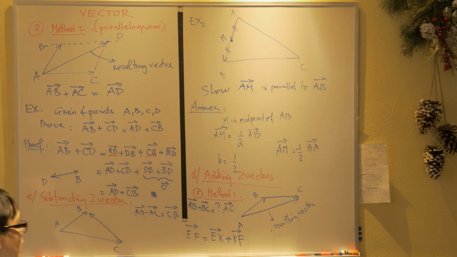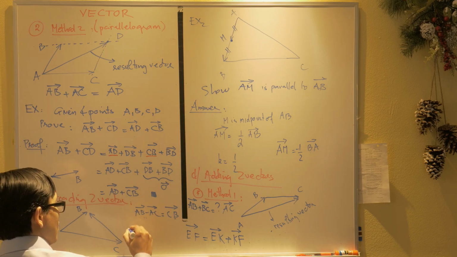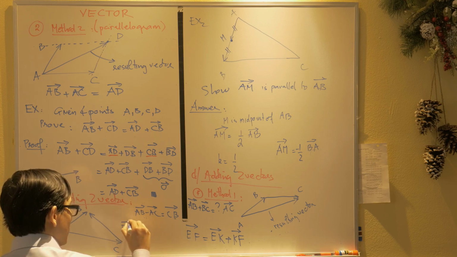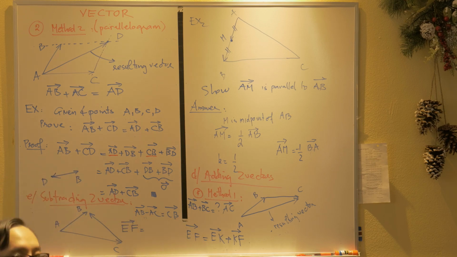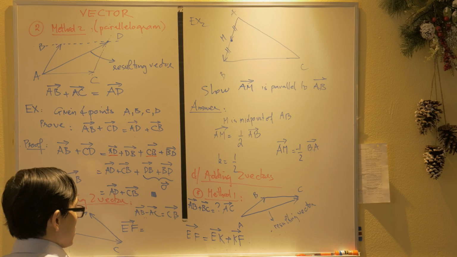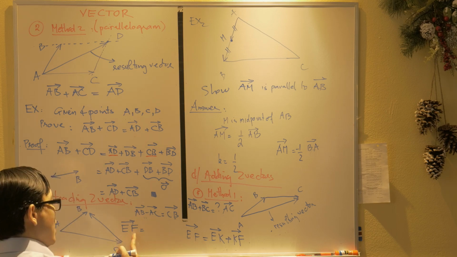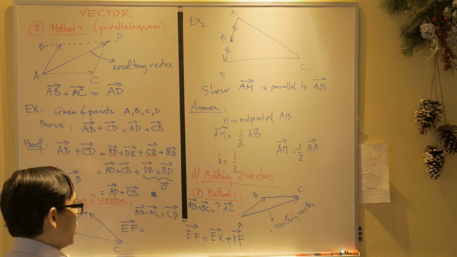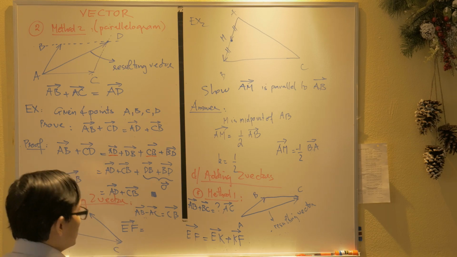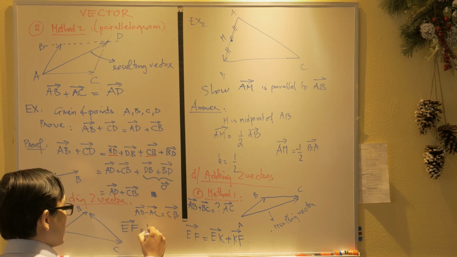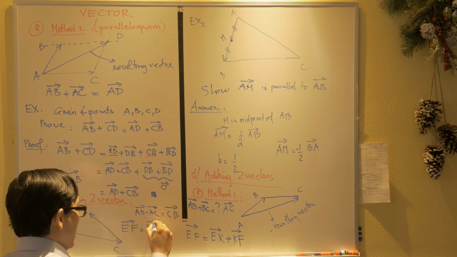For example, if I give you EF, I can split vector EF into two vectors using the subtraction method. So F is the head, E is the tail. For example, I use letter K, then I can write head minus tail, so it becomes KF. See, KF is the head, right?